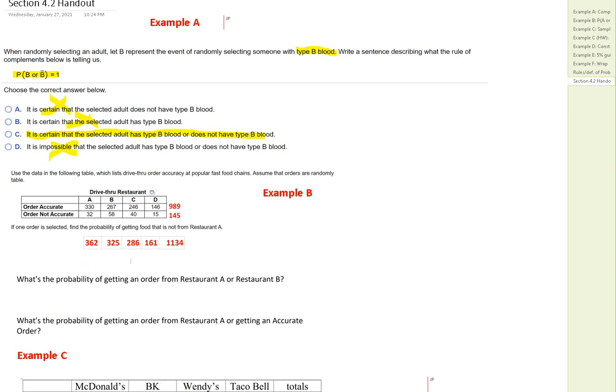Now, let's move down to the next one here, which gave us a chance to work with some probability rules. And maybe to start this, I'll write down some notation, more notation for an event. Let me start out with this. I'm going to look at some probabilities.